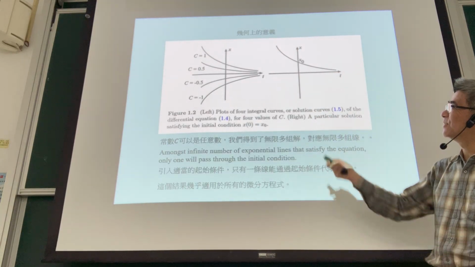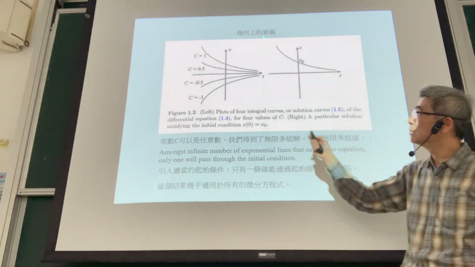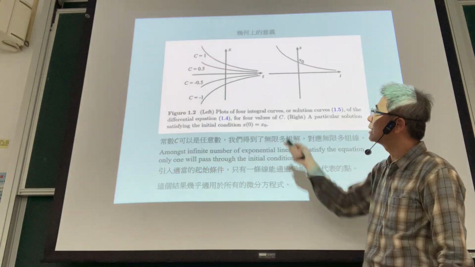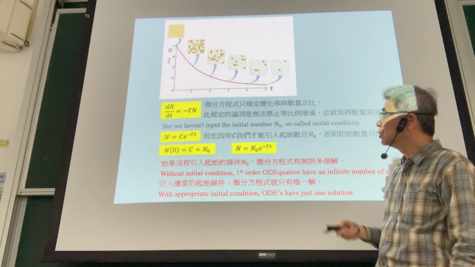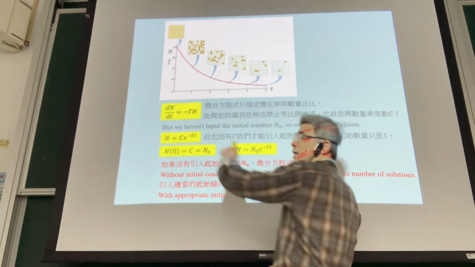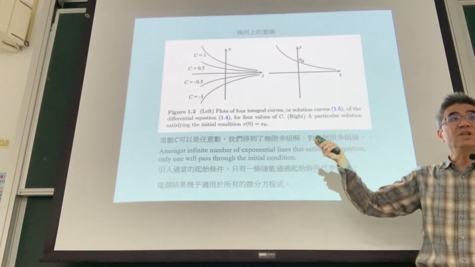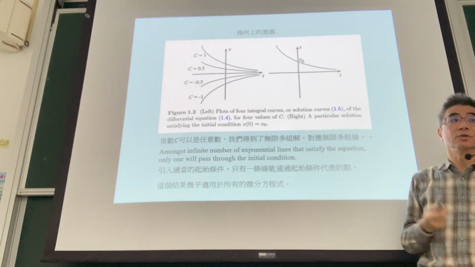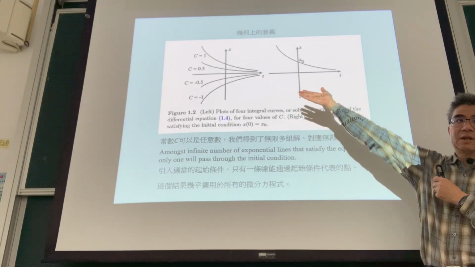Geometrically, here on the first diagram, I draw all the solutions, the graph. This axis is the function n, maybe I should change this to n next time. And this is time. So the solution exponential minus gamma t looks like this. Because c is unspecified, we get an infinite number of solution lines.